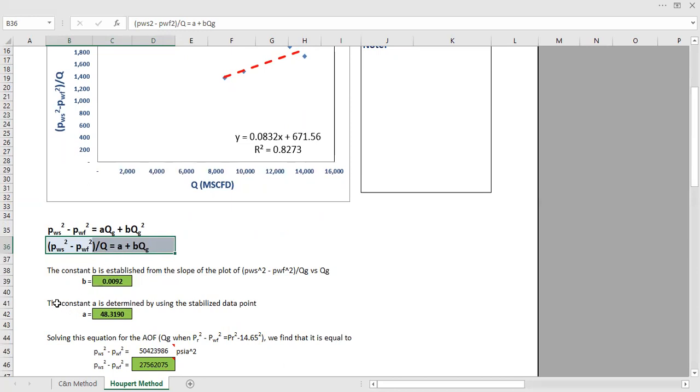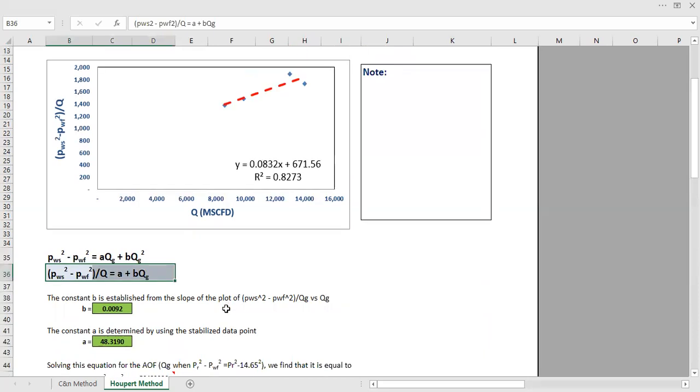And you can check the note. The constant A is determined by using the stabilized data point, okay? Stabilized data point. And the constant B is established from the slope of the plot of PWS squared minus PWF squared divided by flow rate versus the flow rate, which is the slope of this plot. All right, so B is the slope, and we can directly use this value, 0.0832.